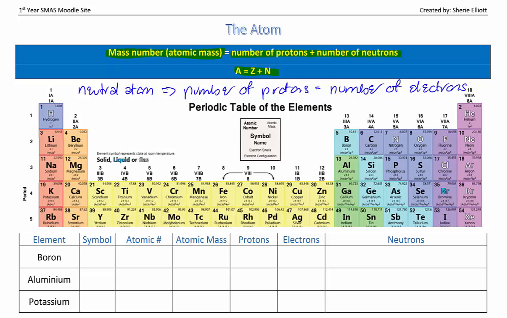And also that the atomic number, which is in the top left-hand corner on this periodic table, equals the number of protons.